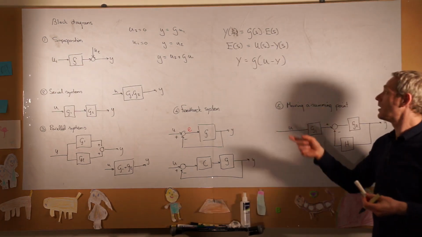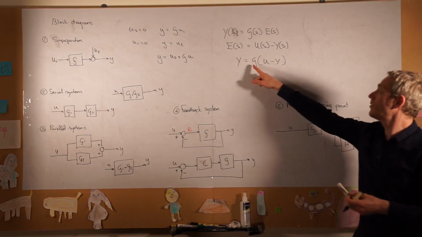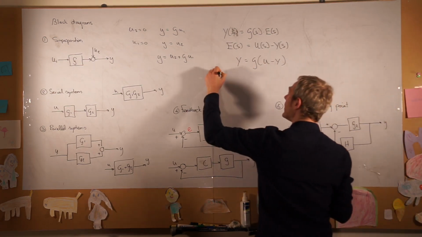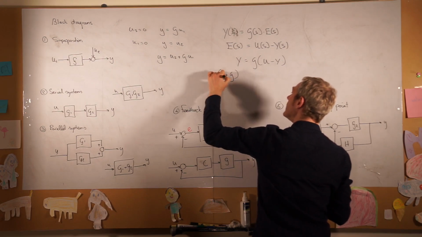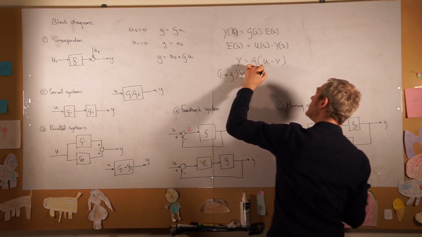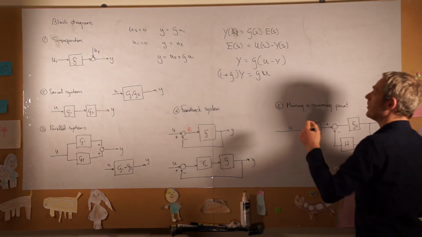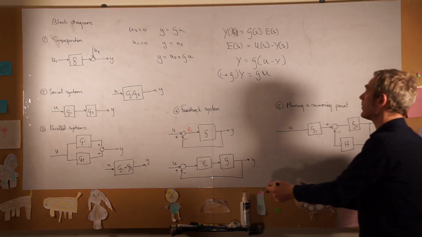Now this is an equation we can solve. That term, G times minus Y, goes to the other side, and I have (1 plus G) times Y is G times U, and I have the total transfer function.